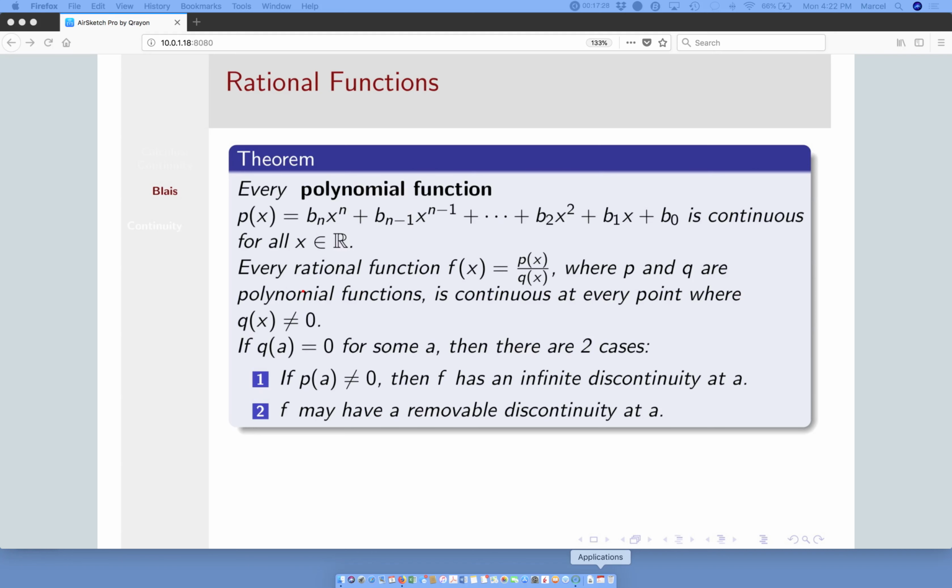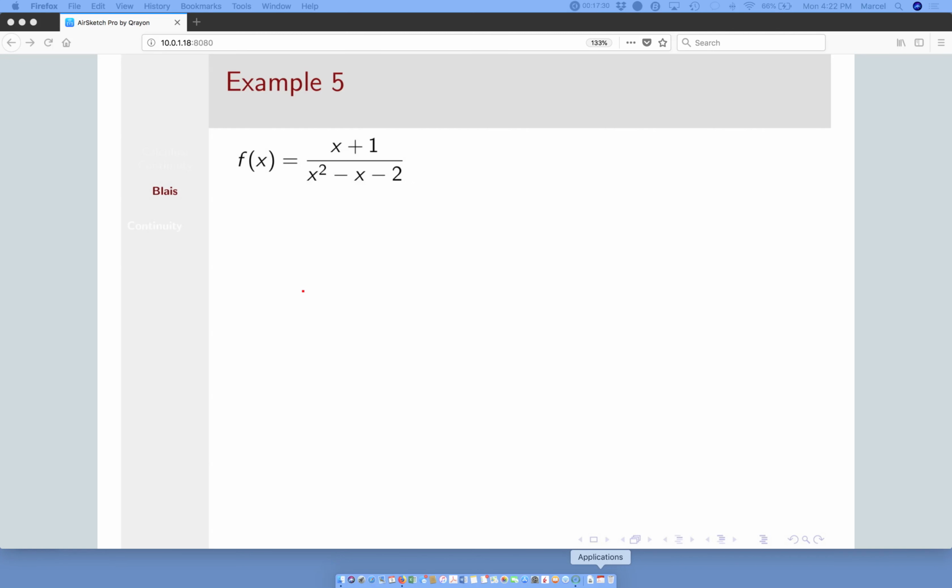So let's see how this works with an example. So here we have a rational function, and we'll want to draw this. But rational functions like this are often much easier to handle if you look at factoring where you can. And we see the denominator factors to x plus 1 times x minus 2.